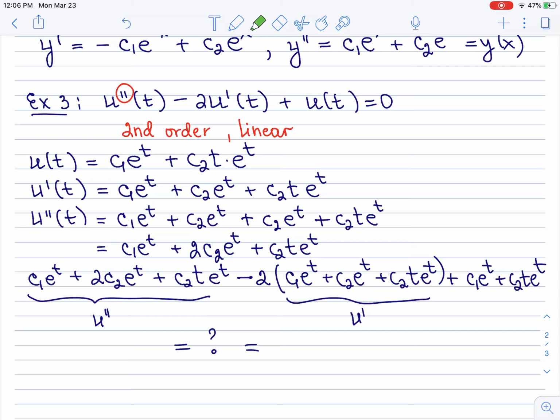First, I'm going to deal with all c1 e to the t. Here's one positive, and then this one will give us 2 negative, so that's gone, right? Cross this over. Now I'm going to deal with 2c2 e to the t. So 2 of these are positives, and this 2 will distribute here as a negative, so that's also gone.